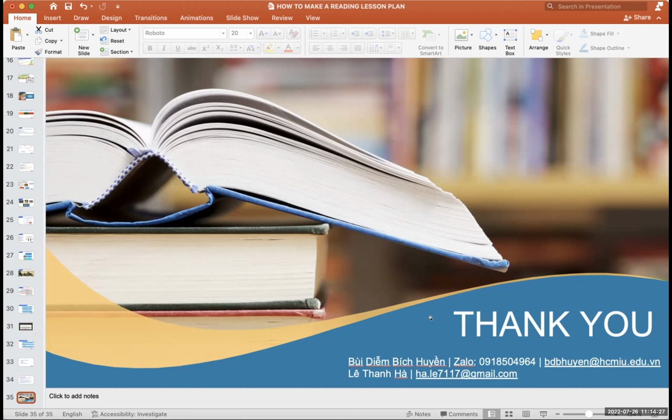But I do believe that, because so far in a reading class, we don't spend a lot of time on reading. We spend a lot of time on reading and communication. But I don't really believe in letting students produce language when they do not have enough input. I don't believe in such a theory.